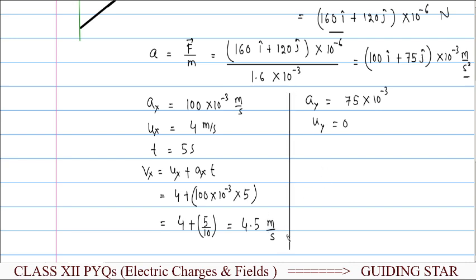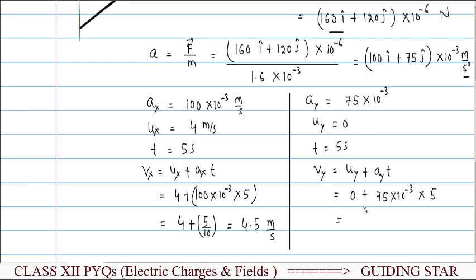Similarly, at t equal to 5 seconds, what will be the final velocity along y? Final velocity vy equal to uy plus ay into t. So uy is 0 plus ay we are getting 75 into 10 to the power minus 3 into time is 5.